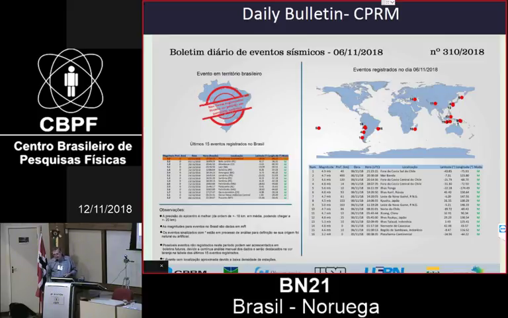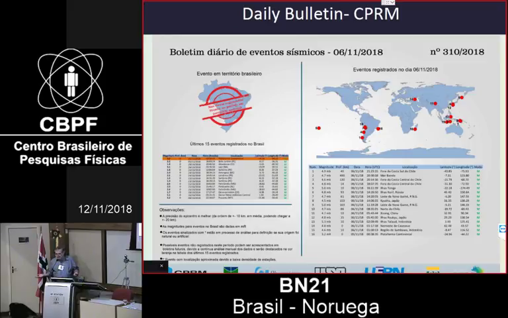CPRM, the Brazilian Geological Survey, also produces a daily bulletin, and this is the 6th of November 2018. We just put it in here because there was an event. There was a 3.2 magnitude event in the area where we went to do some work.